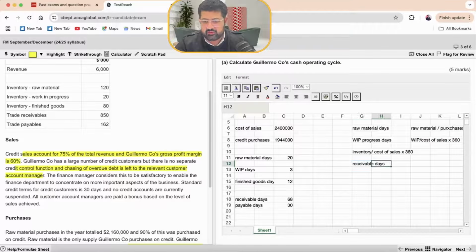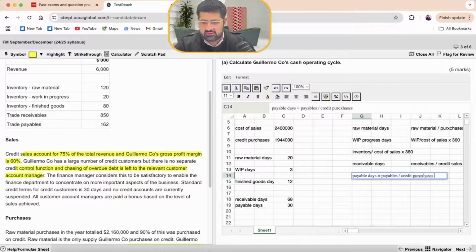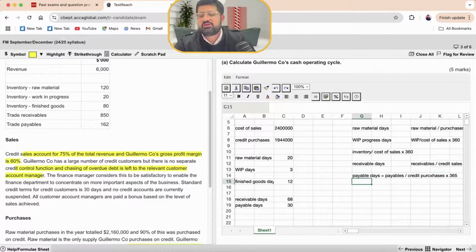Receivable days formula is equal to receivables divided by credit sales into 365. And for payable days, the formula will be equal to payables divided by credit purchases into 365 or 360, whatever it is. Here it is 360, so we apply 360.